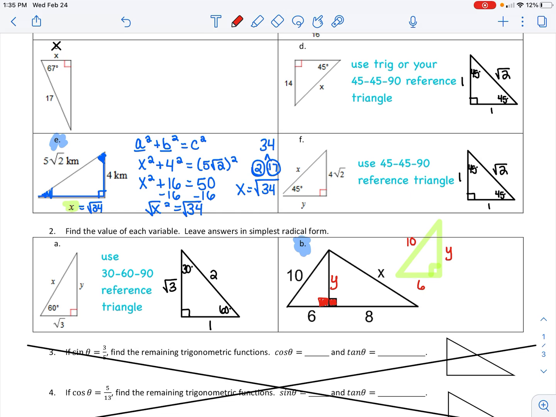It really doesn't matter what you actually name it. And we're going to use the Pythagorean theorem just like we did on part 1E. Again, we have a squared plus b squared equals c squared. A and b have to be your legs, so that's going to be 6 and y, because those are the legs of your right triangle. So we're going to say 6 squared plus y squared equals our hypotenuse, which is 10 squared.